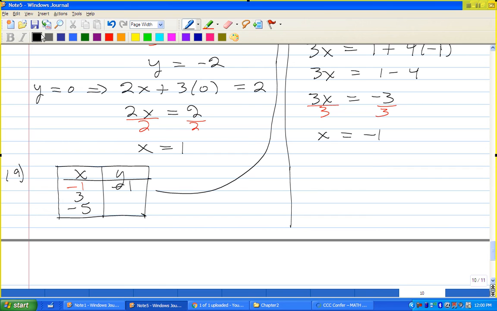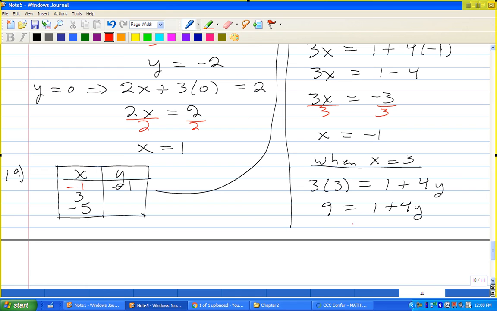Let's see what happens when x equals 3. I have 3x is equal to 1 plus 4y. And so I have 9 is equal to 1 plus 4y.